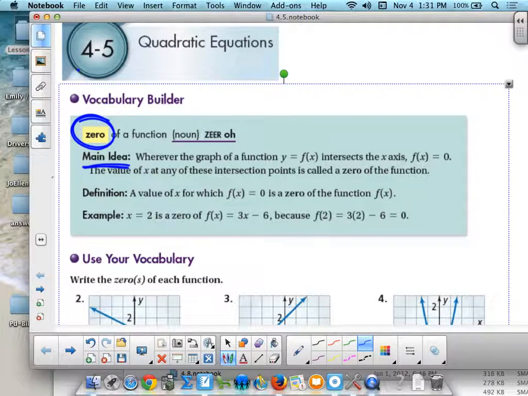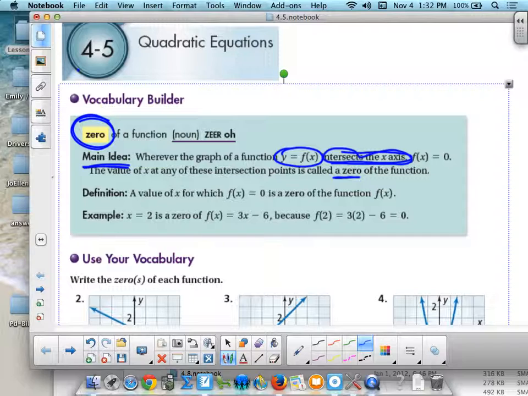Main idea, wherever the graph of the function y equals f of x intersects the x-axis, that's your 0. The value of x at any of these intersection points is called the 0. So what's a 0?